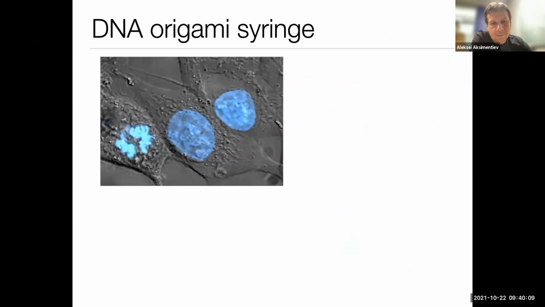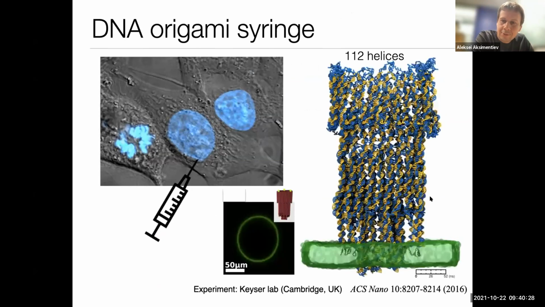We were really interested in those types of systems because we're experts in membrane channel simulations. We wanted to see what it would take to build, for example, a DNA syringe, a syringe that would inject maybe some kind of medicine into cells. So here it is.